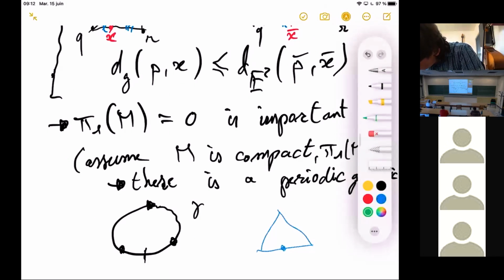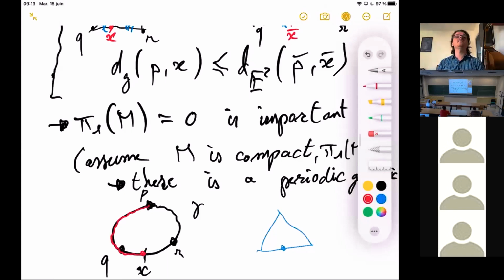And the length here between, so that would be my point X here, like P, Q, R. And since we have a minimizing geodesic, the distance between P and X here is exactly half of the length of the periodic geodesic, which will be bigger than what we have here.